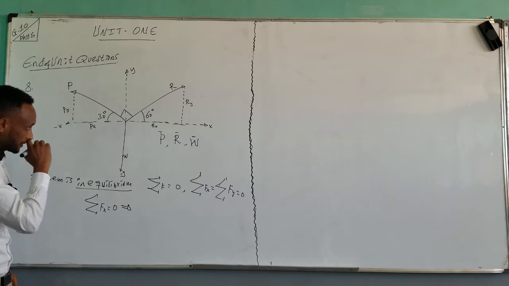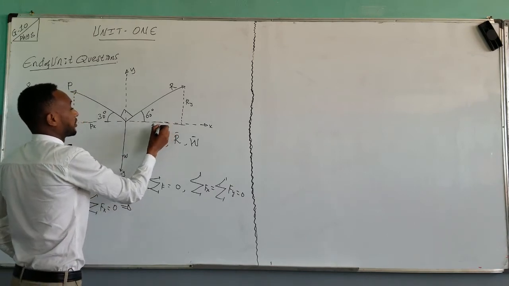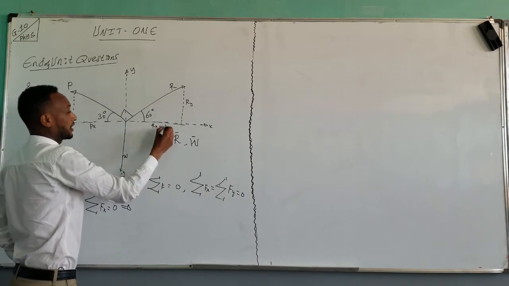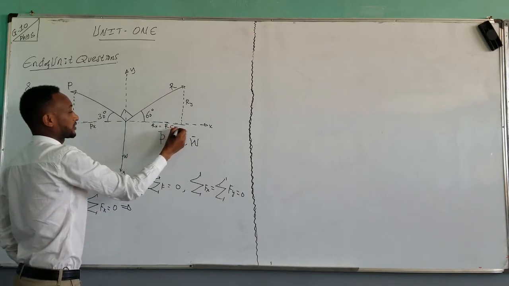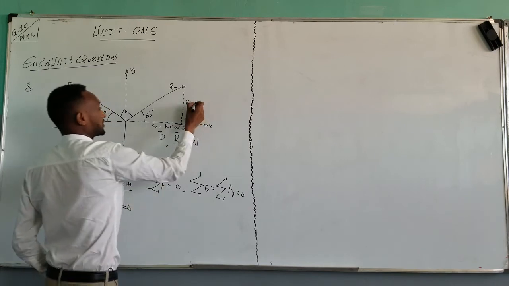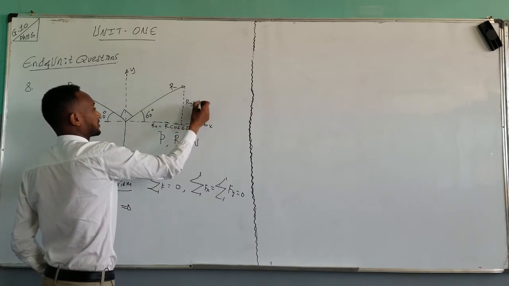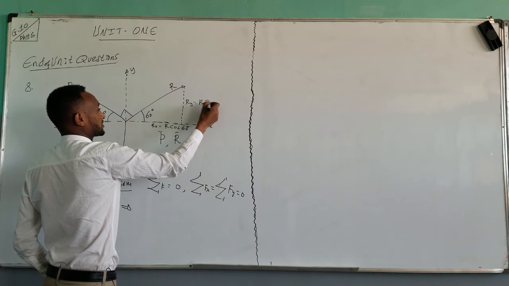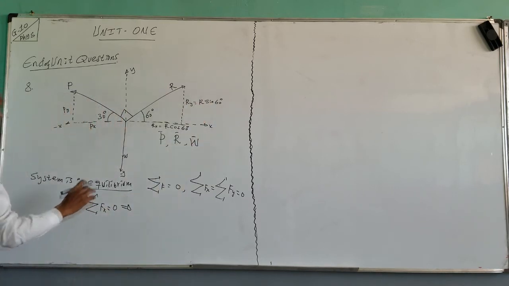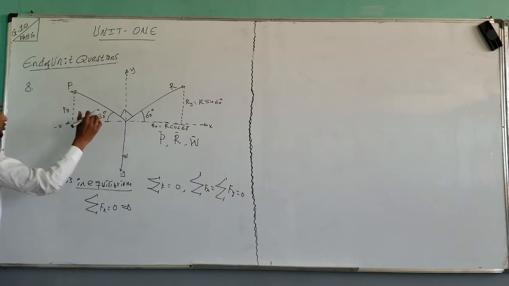You can get the horizontal component of vector R, that means R times cosine of 60 degrees, and the vertical component of vector R means R times sine of 60 degrees. And also here for vector P there are two components.